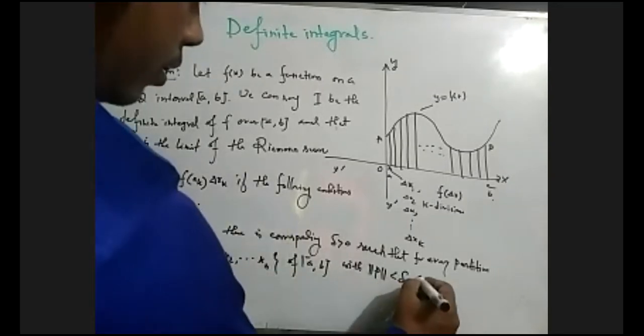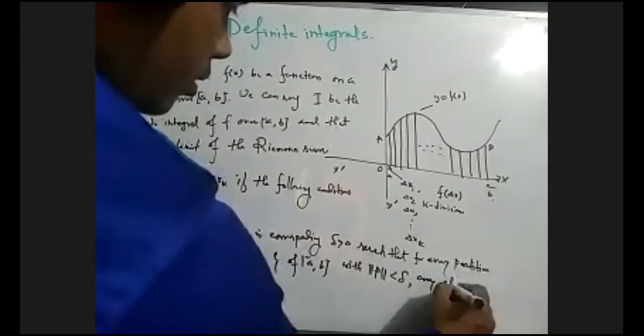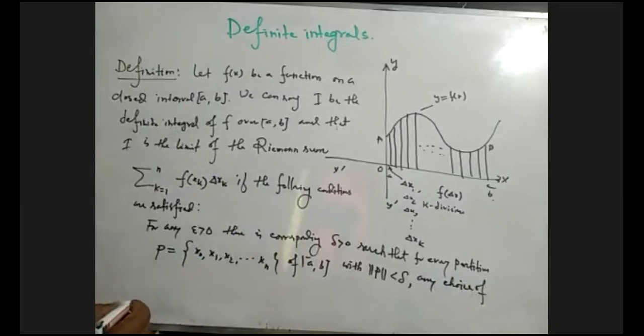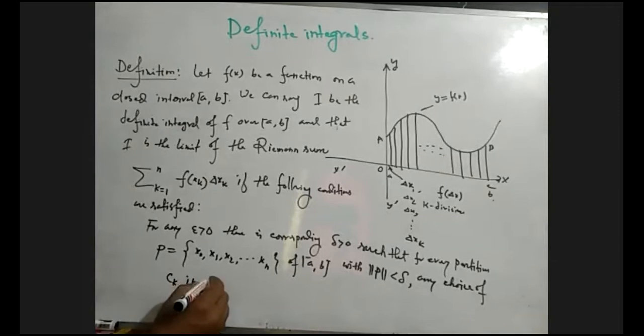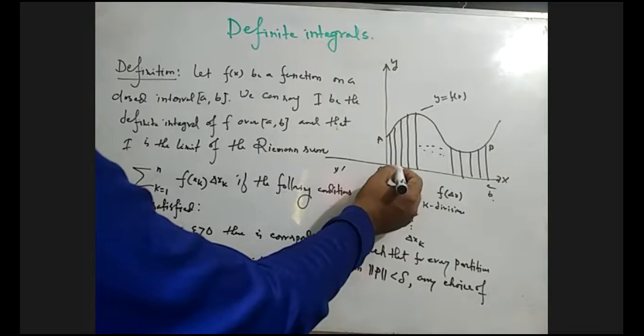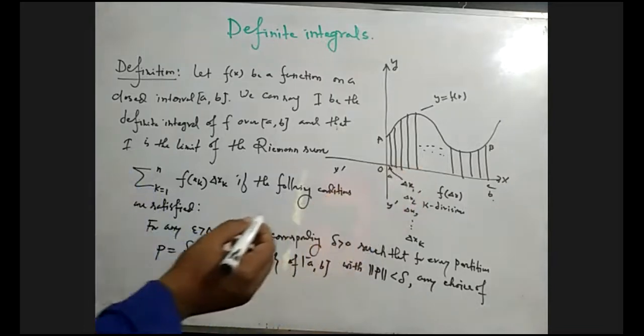And any choice of ck in the interval xk minus 1, xk. That means for k equals 1 we get the x1 x0 interval, and the x2 x1 interval, x3 x2 interval.